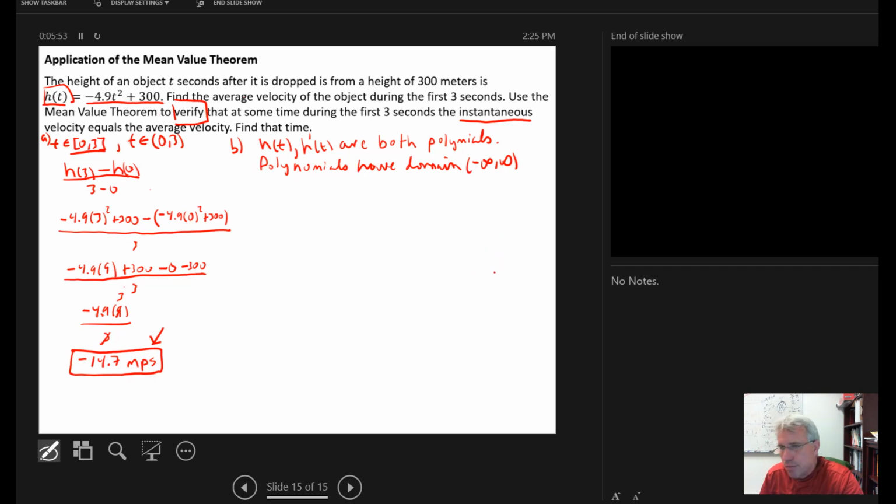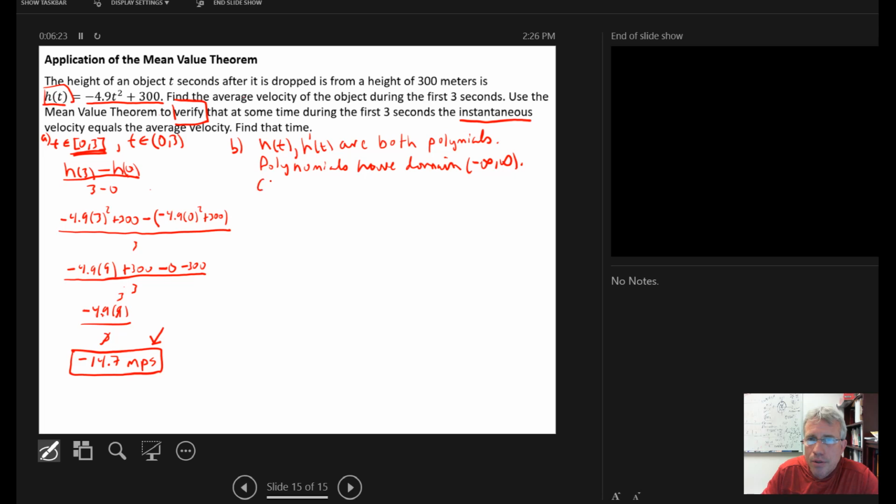You don't get a division by 0. You don't get the square root of a negative number. Everything is copacetic. So if the polynomials both have domain from negative infinity to infinity, then clearly h will be continuous from 0 to 3, which is a subset of negative infinity to infinity. And the derivative will exist on the open interval from 0 to 3, which is clearly a subset of the open interval from negative infinity to infinity.